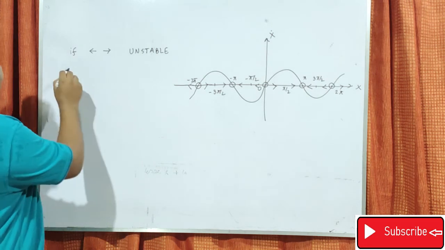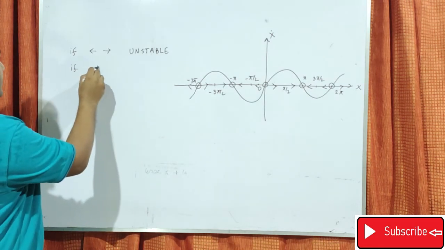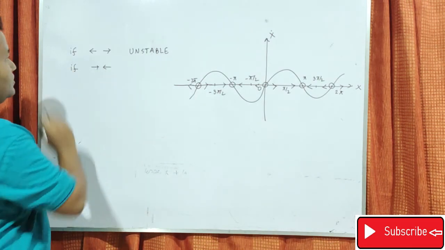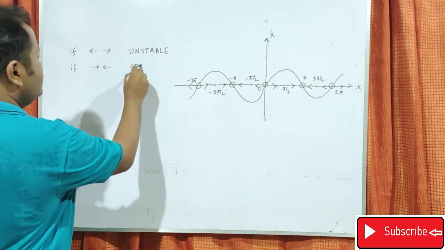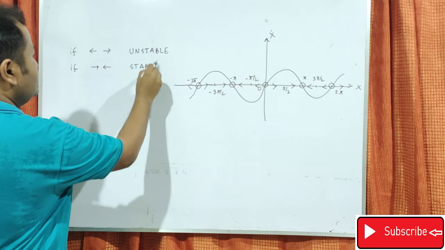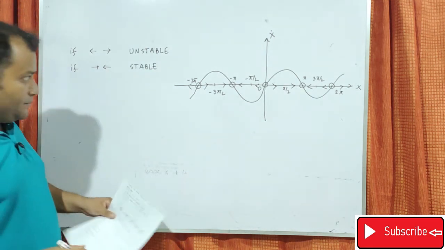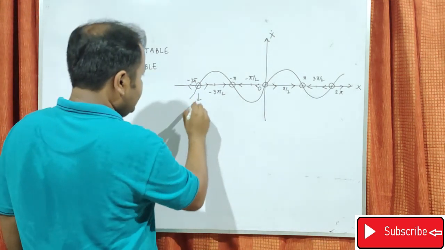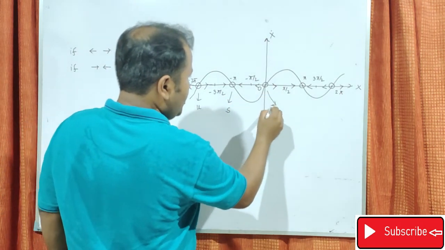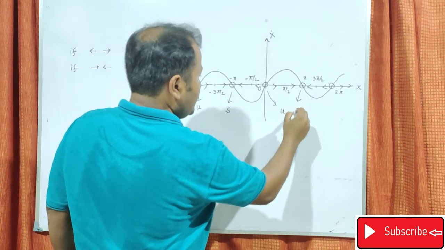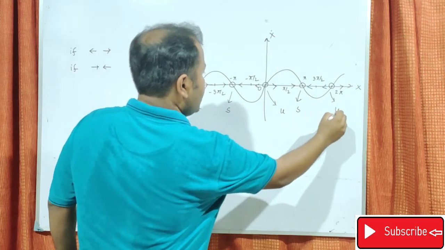And if the arrows are coming toward the point, this is called a stable point. So this point is unstable, this point is stable, this point is unstable, this point is stable, this point is unstable.